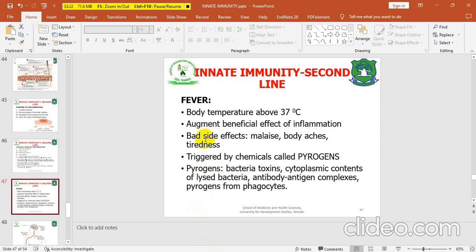So the bad side effects, malaise, body aches, tiredness, are triggered by chemicals called pyrogens. Pyrogens are bacterial toxins, cytoplasmic contents of lysed bacteria, and antibody-antigen complexes. So these pyrogens trigger the feverishness.